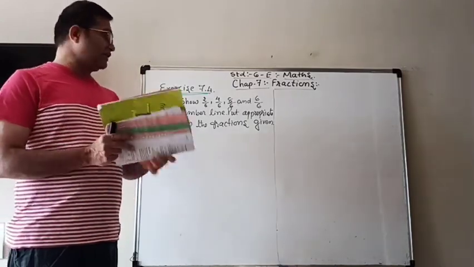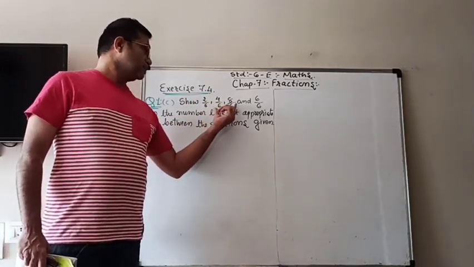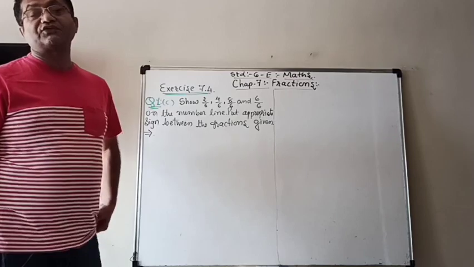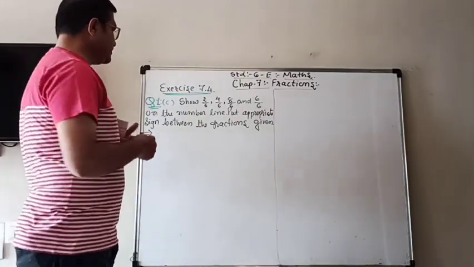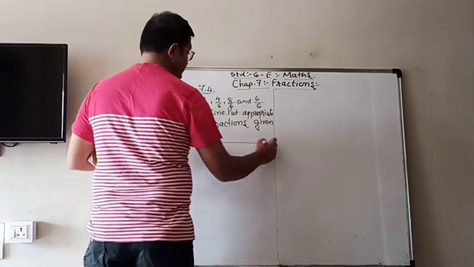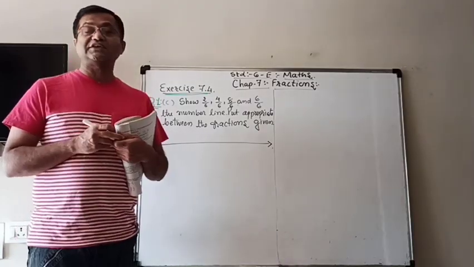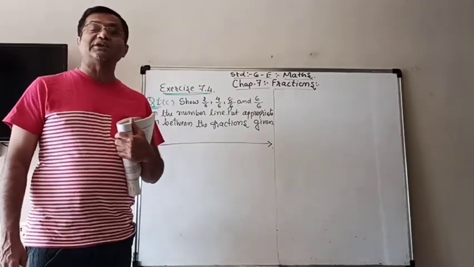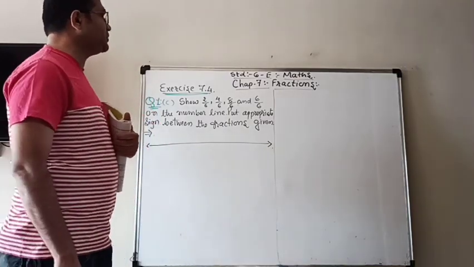Fractions are given that I will write down later, but first we have to locate these 4 fractions on a number line. Now we know that when we have to put fractions on a number line, we have to check what is the number in the denominator. You can see that 6 is there in the denominator.